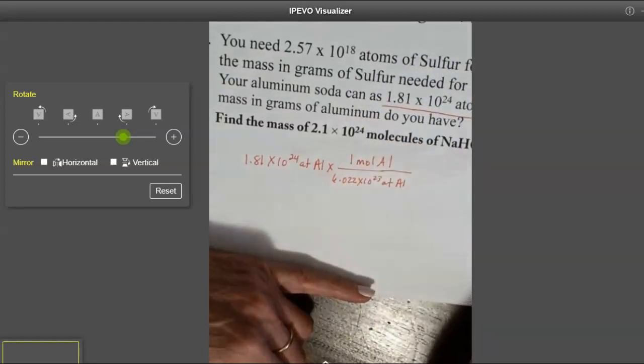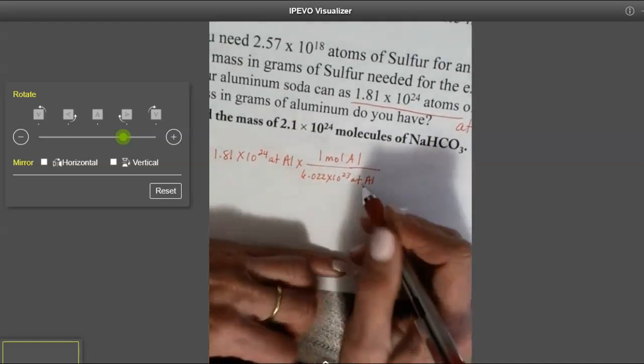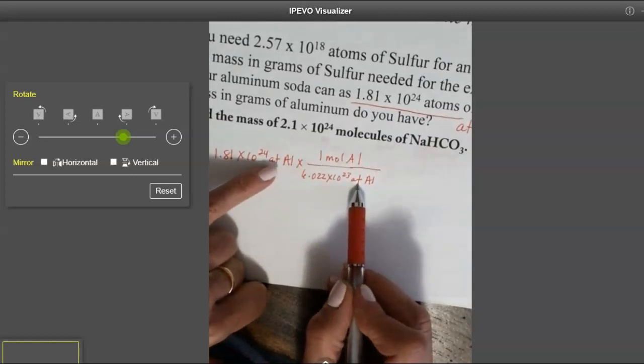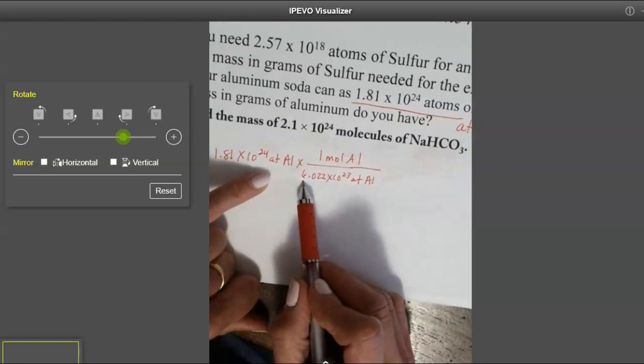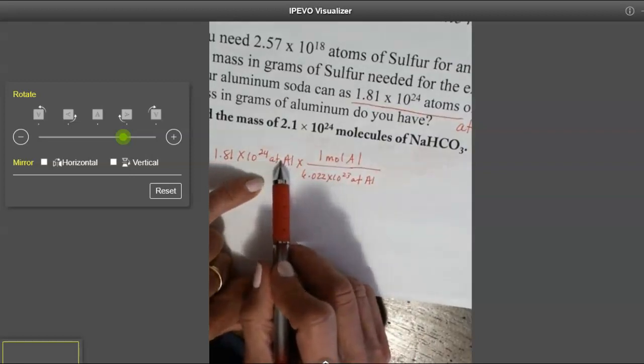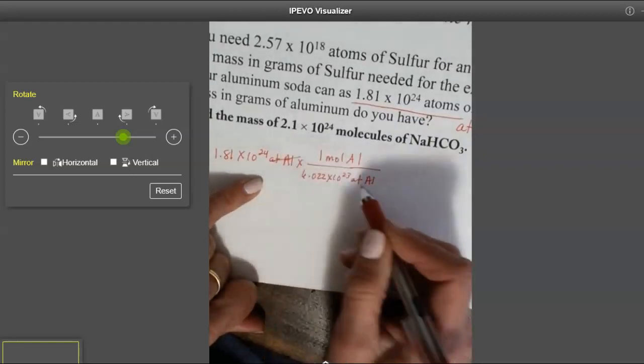Those two are equal. That's why we can split them up and put it on my conversion factor. Again, these two units always have to match, okay? So if you're going from atoms to moles, Avogadro's number is always going to be on the bottom.